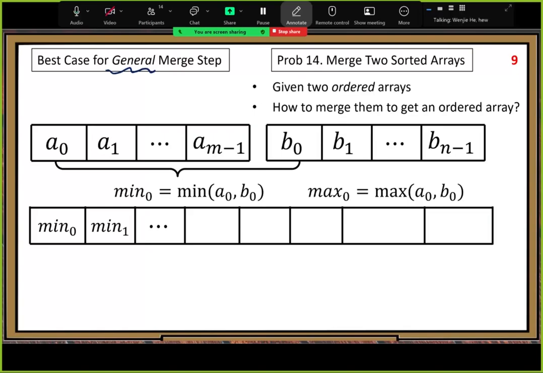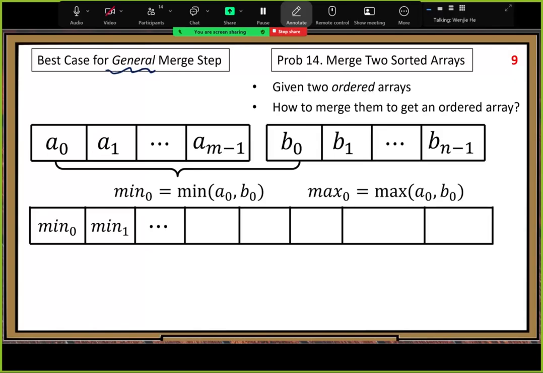But that number is relatively small. To get a best case, you need to put more elements in place without any comparison. Can you imagine a special situation such that there are a certain number of elements you can put in place without any comparison? Think about that special case.